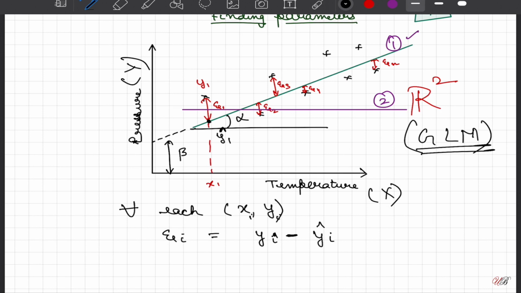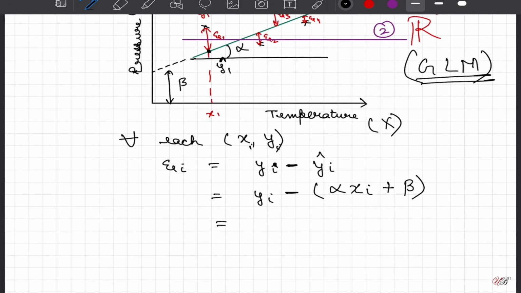So this is yi minus our prediction. Now if this is the ground truth, and if we are fitting a generalized linear model with slope alpha, I can write the prediction as alpha xi plus some intercept, which is beta. So my error at each point would be yi minus alpha xi minus beta.